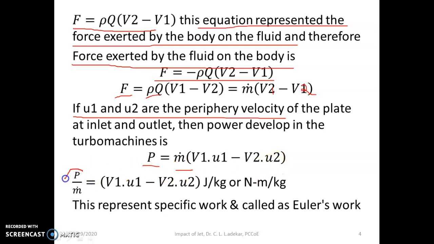Therefore, power developed per unit mass is v1 u1 minus v2 u2. You will get this in terms of joule per kg or Newton meter per kg. What does this expression represent? This represents specific work and is called Euler's work.